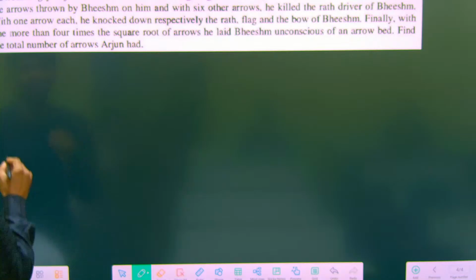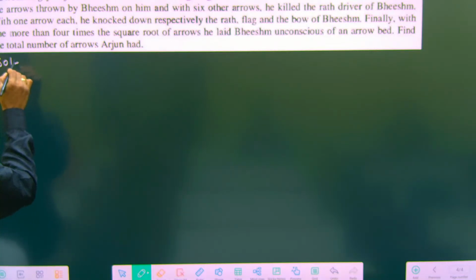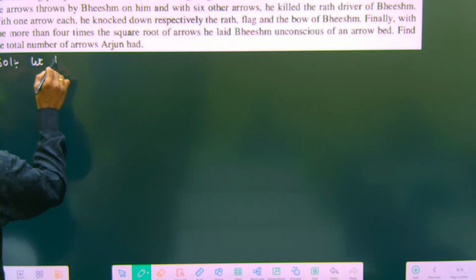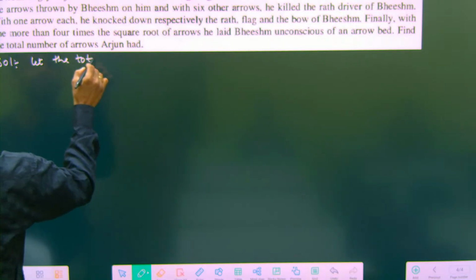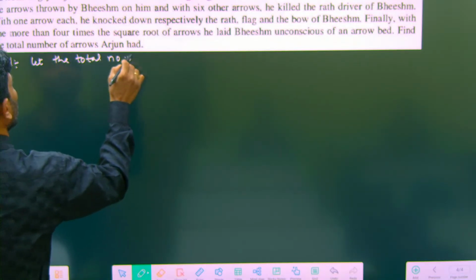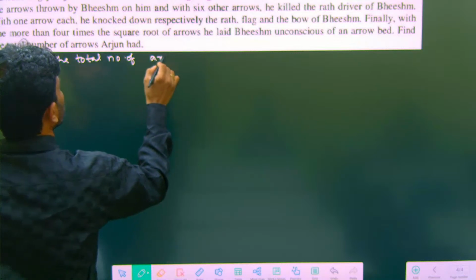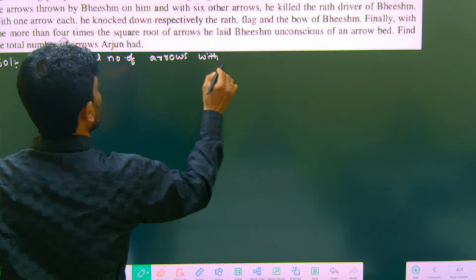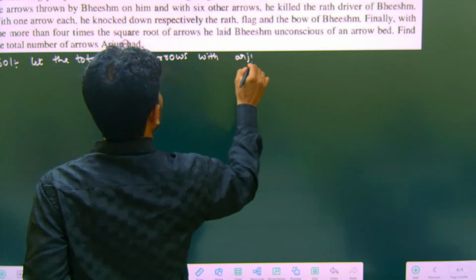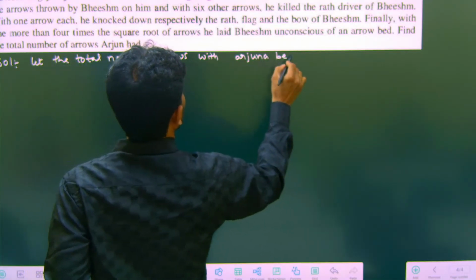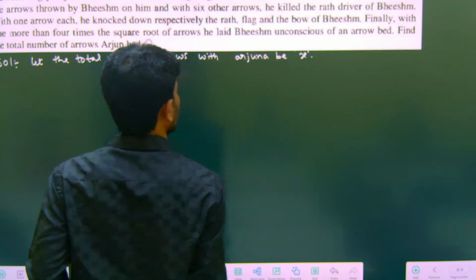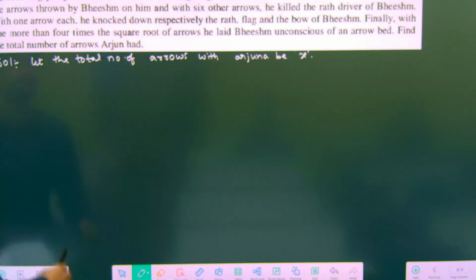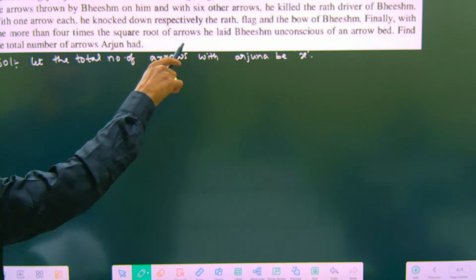Find the total number of arrows with Arjuna. So here what we do, let the total number of arrows with Arjuna, we take it as x. Then according to the question, first what happened?